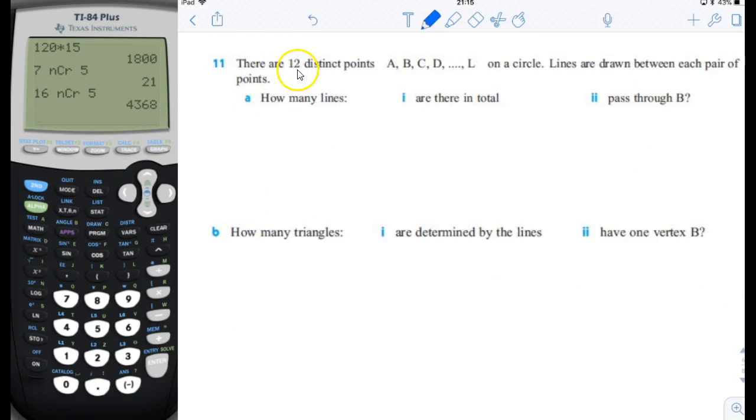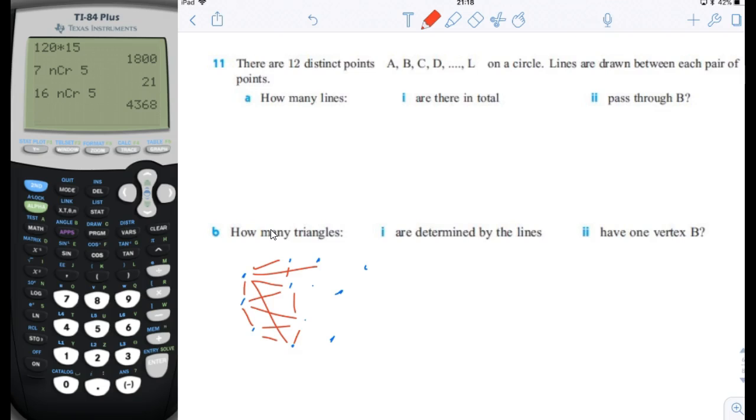Number 11. There are 12 distinct points, A, B, C, D, and so on through L, on a circle. Lines are drawn between each pair of points. How many lines are there in total, and how many lines pass through B? So basically what they're saying is, draw 12 points, 1, 2, 3, 4, 5, 6, 7, 8, 9, 10, 11, 12, and then draw lines between every single possible pair of points. How many lines do you have total? And that's a pretty large number of lines.